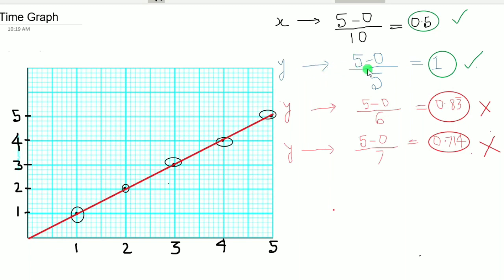And we have divided the difference between the highest value and the lowest value by 5. Why have we not taken the total squares, 1, 2, 3, 4, 5, 6, 7? If we divide 5 minus 0 by 7, it comes out as 0.714. So it is not an easy, simple value which will facilitate our calculation.